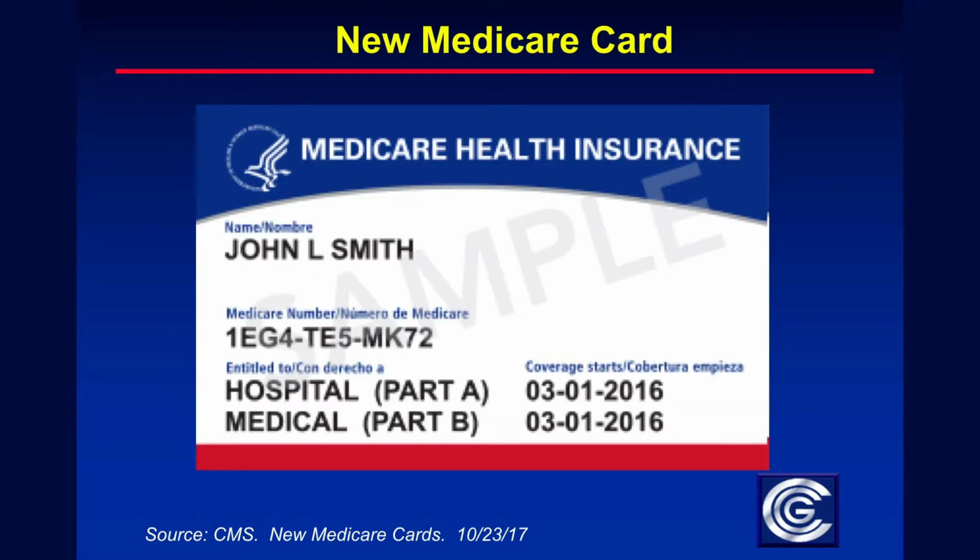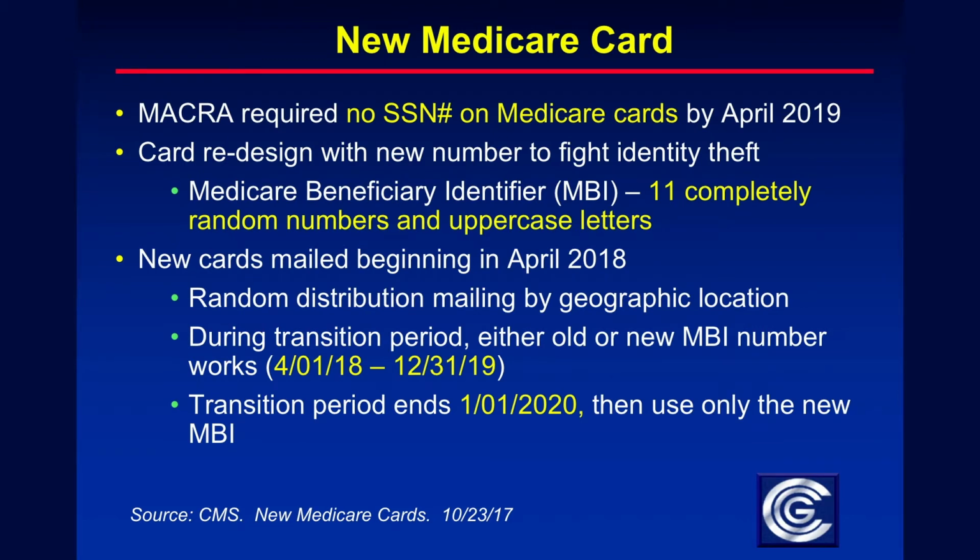It replaces the old card because of privacy, security, and identity theft issues associated with the beneficiary's Social Security number on the card. The MACRA legislation requires new Medicare cards without the Social Security number by April 2019. The new card uses an 11-digit Medicare beneficiary identifier containing random numbers and characters.